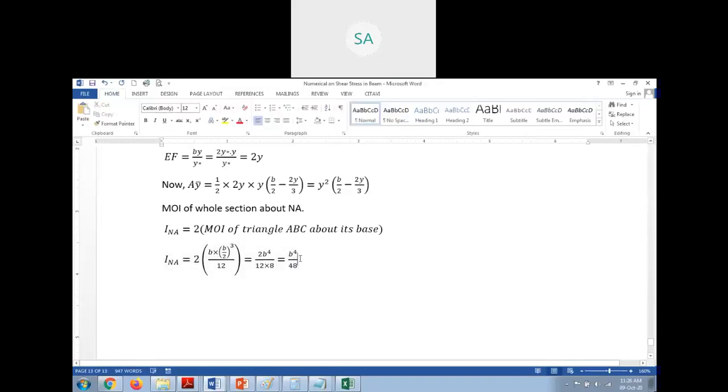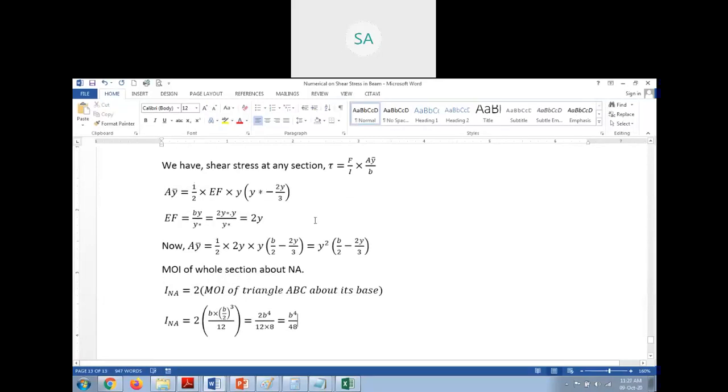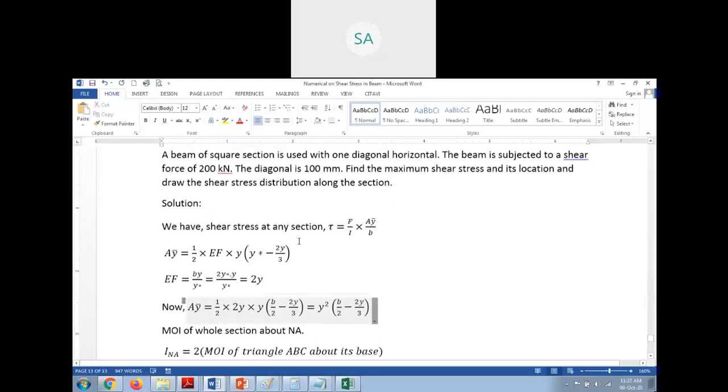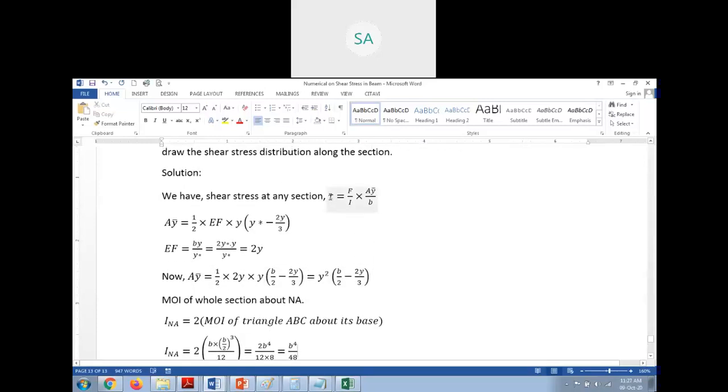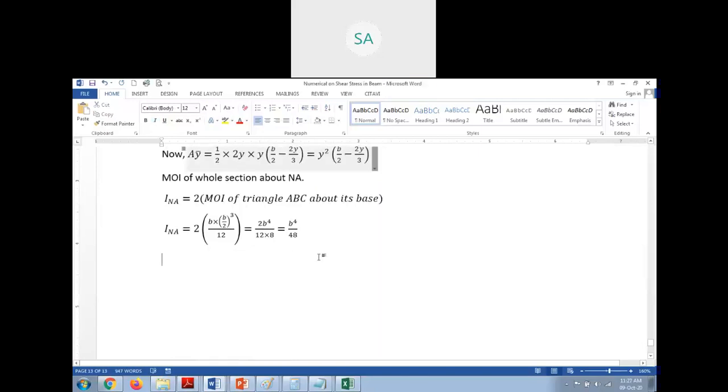So this is my moment of inertia, and b in this expression here is 2y, right? So which we already have. So I can substitute the values in this expression and find the shear stress.